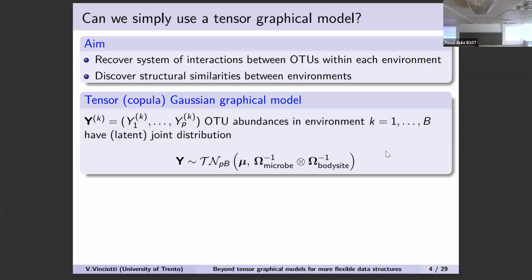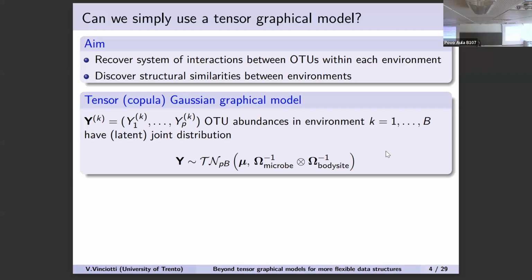But for what I'm saying now, it doesn't matter too much, though we should go beyond some kind of Gaussian assumption. But okay, let's forget this for the moment. We could think of a tensor Gaussian graphical model. This, I believe, is one of the simplest ones.